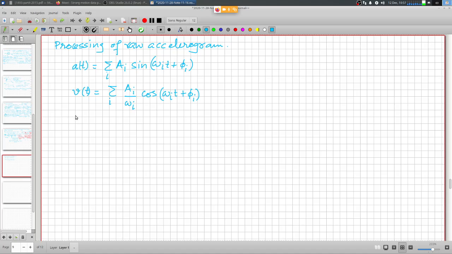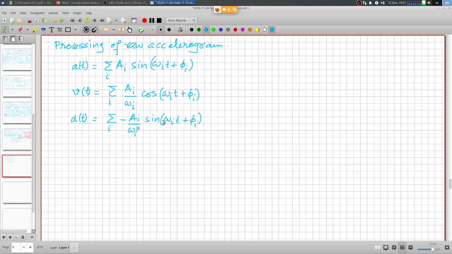And what is the derived displacement signal? Again, it is going to be minus A_i over omega i squared, sine of omega i t plus phi i.